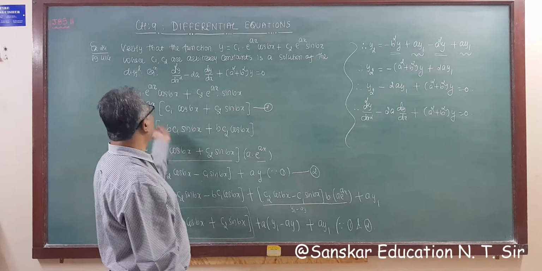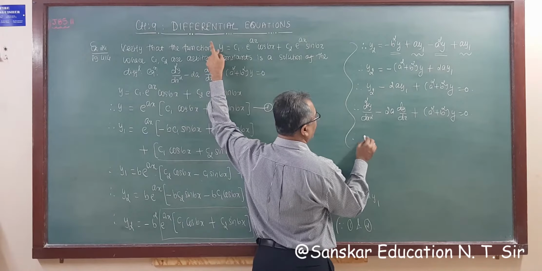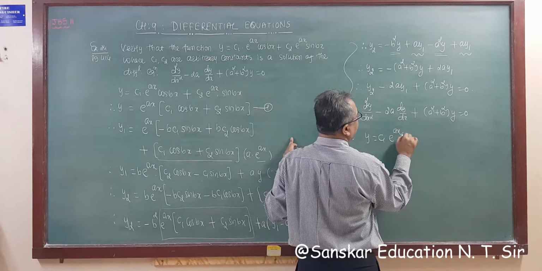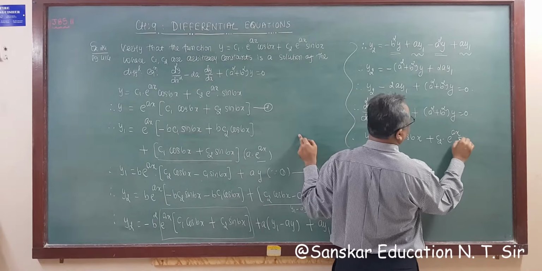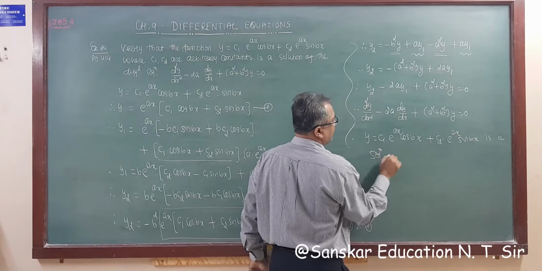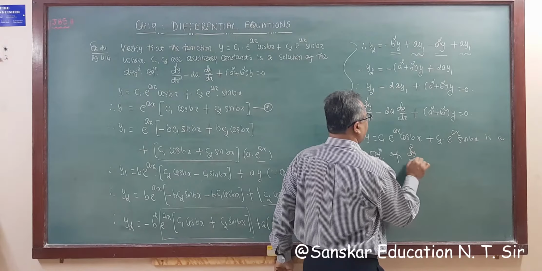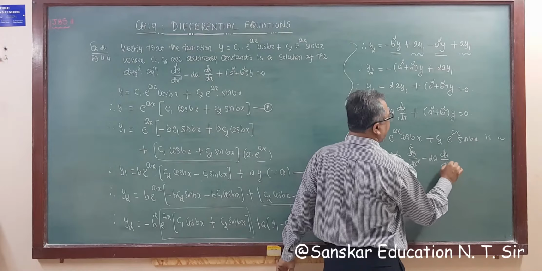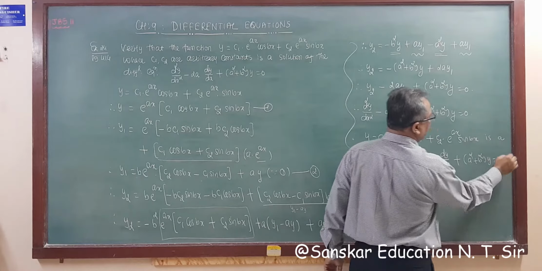That means we get the given differential equation. Therefore y is equal to c1 e raised to ax cos bx plus c2 e raised to ax sin bx is a solution of this differential equation, d square y by dx square minus twice a dy by dx plus a square plus b square y is equal to 0.